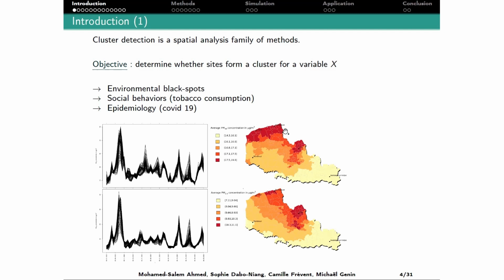If we look at pollution data, PM10, we see that in this part the level of pollution is very high, or very, very low. So in cluster detection, or spatial scan statistics, we would like to detect clusters where the variable we observe is anomalously high or anomalously low.